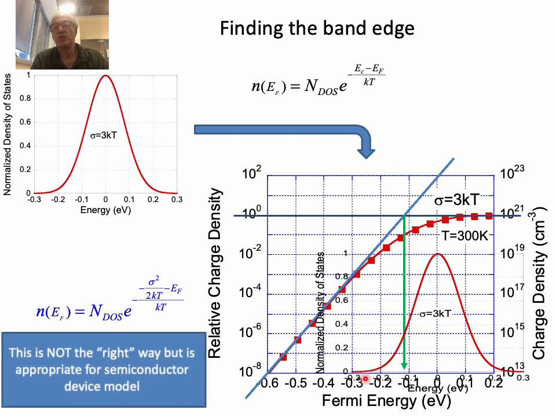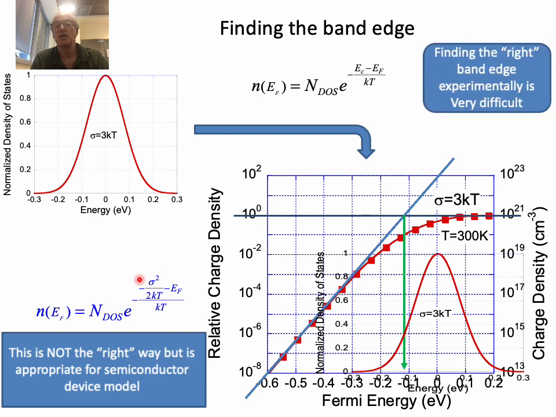It is important to remember, just as I said before, this is not the right way. This is the way we chose because I believe it is the most appropriate one when we are thinking of semiconductor device models, simply because in most models, this is what is being used, the Boltzmann approximation. It doesn't mean that it is easy to find this band edge.